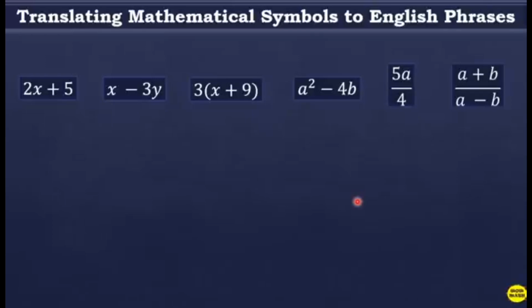For example, for plus or add, we can use more than, exceed from, added by, more, or increased by. So there's so many ways to translate this symbol into phrases.